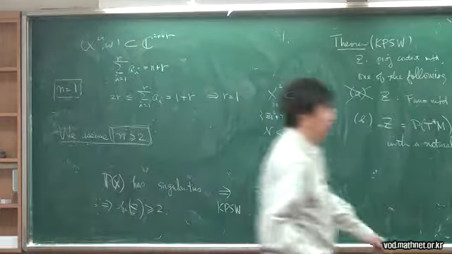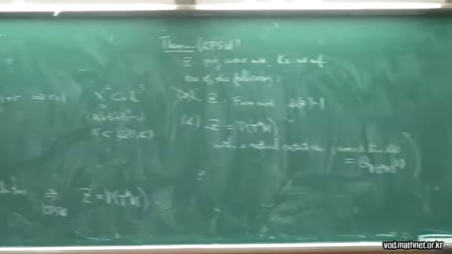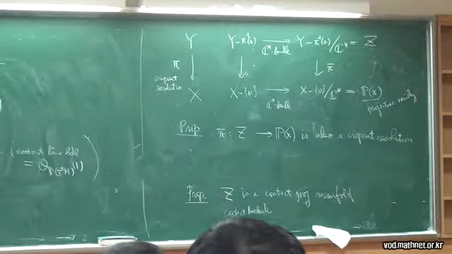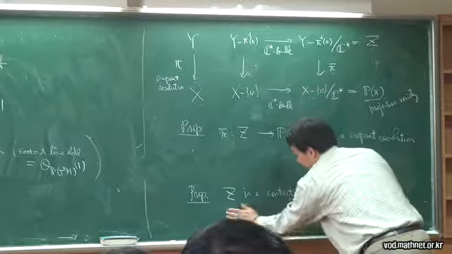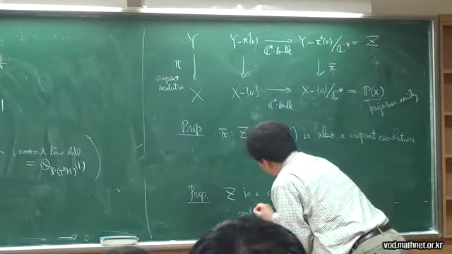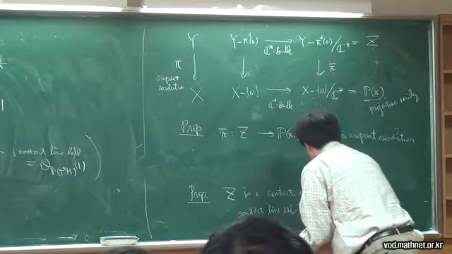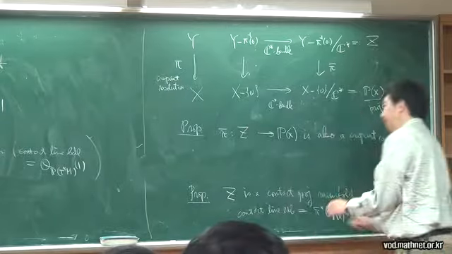And moreover, by the construction, this Z has a contact structure, but its contact line bundle is, I erased here. I wrote down here something like this. The contact line bundle is just star OPX1.